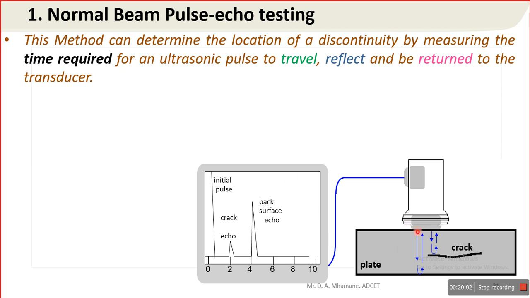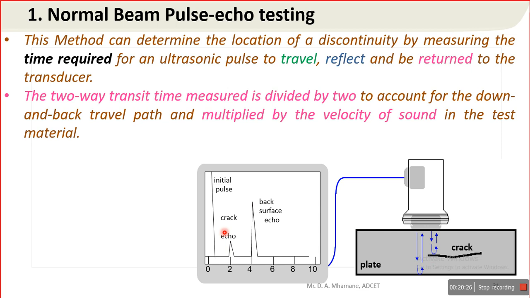Means the travel plus reflection and return received by the transducer. This time is measured and plotted on an amplitude versus time graph, and we get the location of the discontinuity.